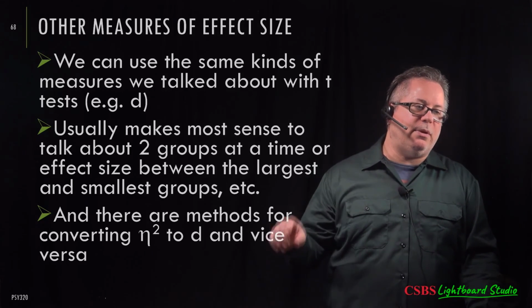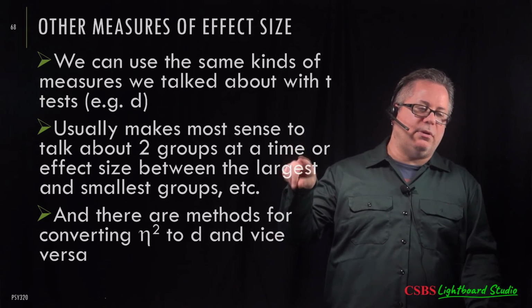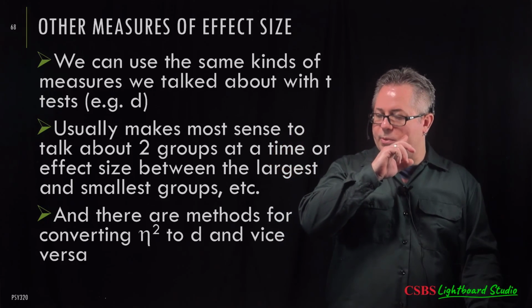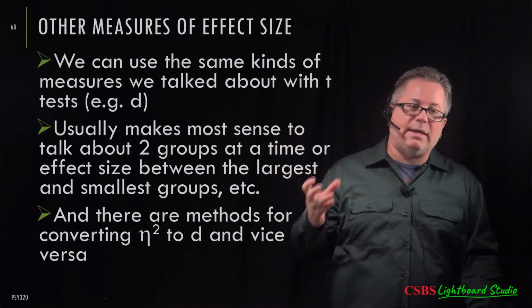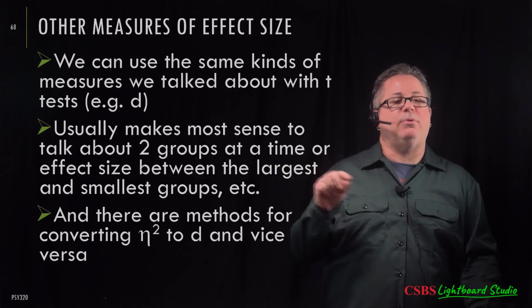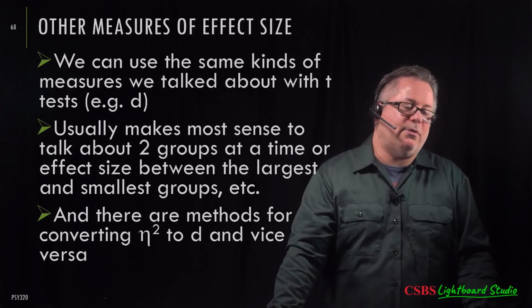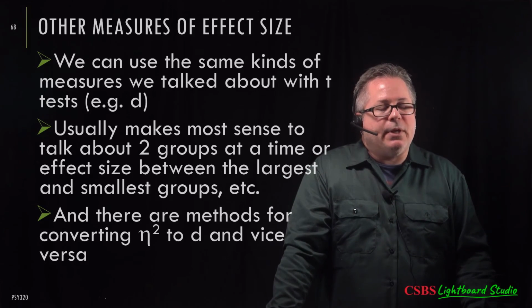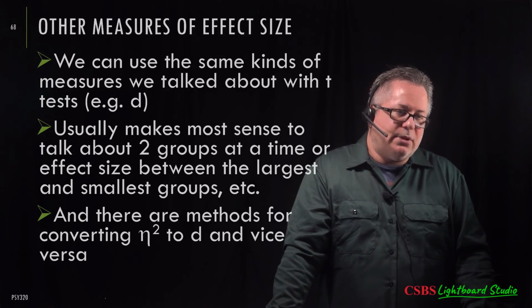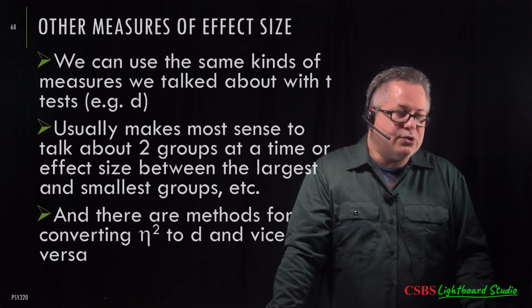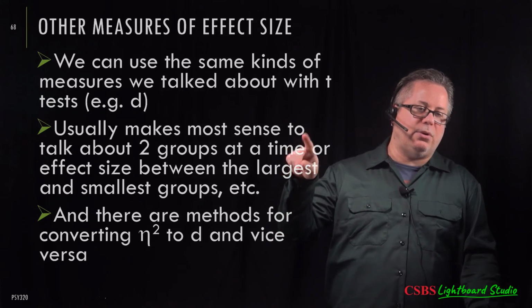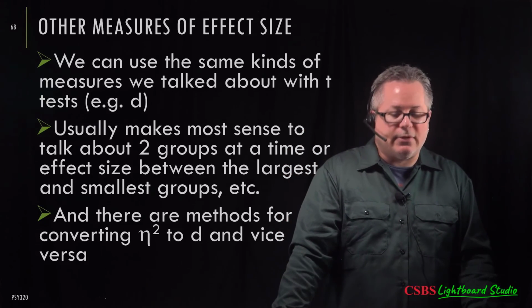If you're going to use any two groups, you're likely going to take the MSWG, the mean square for within groups, or pooled variance, and take the square root of that number to give you a pooled standard deviation that you can use in your Cohen's d estimate. That's the way you want to go.